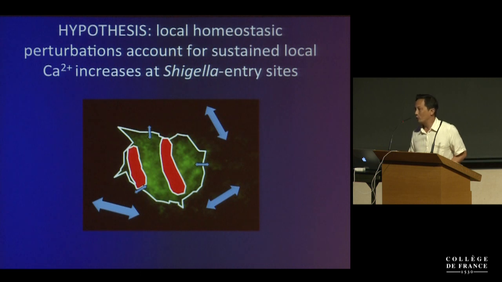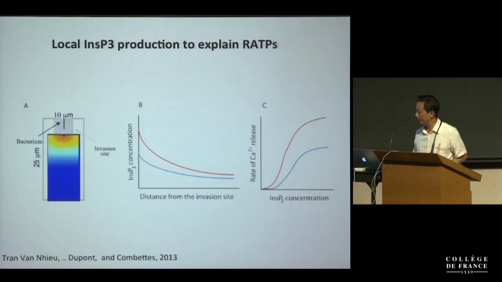So first, of course, we thought that it was important to try to understand why those calcium responses were local and so atypical, because through other experiments, we had some hints that local calcium responses were important for actin polymerization at entry sites. So first, to explain how those calcium responses could stay for so long at the same spot, we made the hypothesis that there was a local perturbation of calcium homeostasis at the site of Shigella invasion.